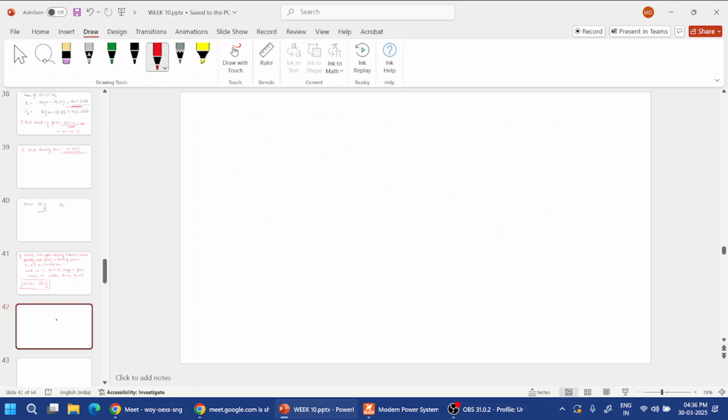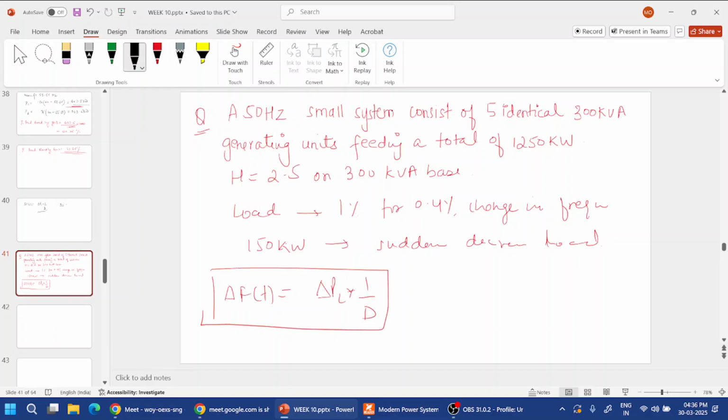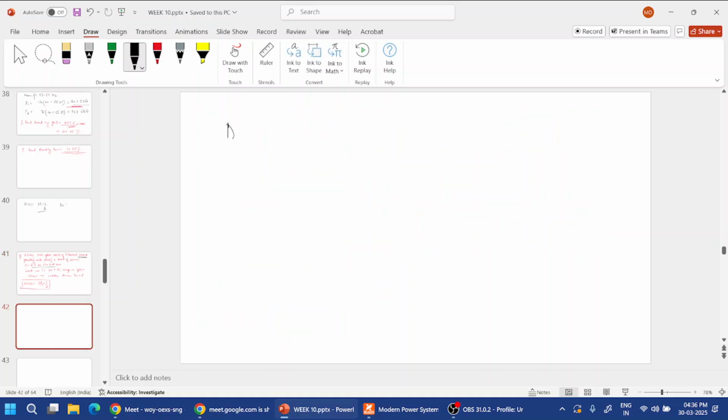But here is a catch. The 5 identical units are given on 300 kVA, and 2.5 on the 300 kVA base. So basically, first we will calculate dPd divided by dF.